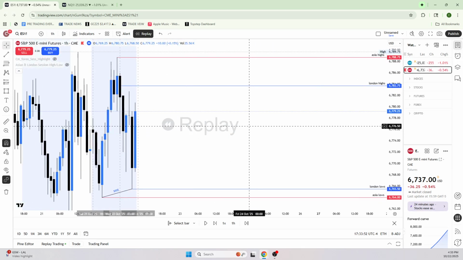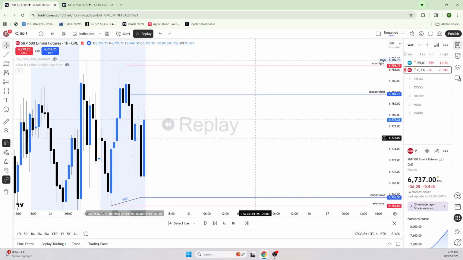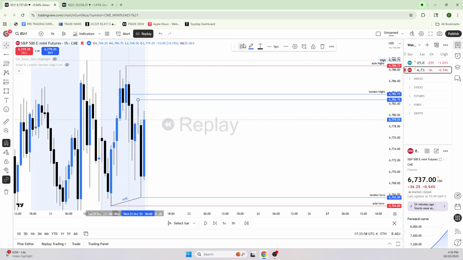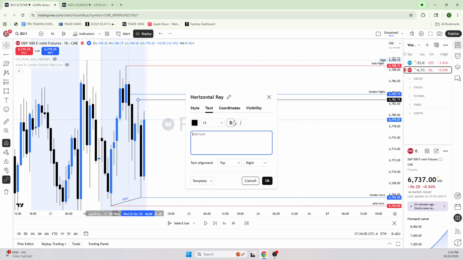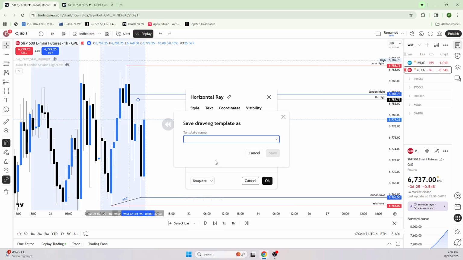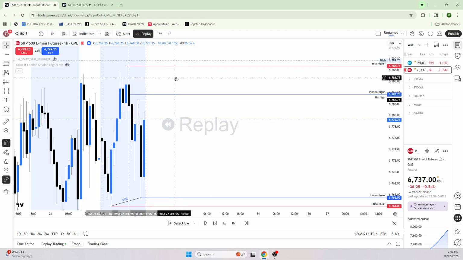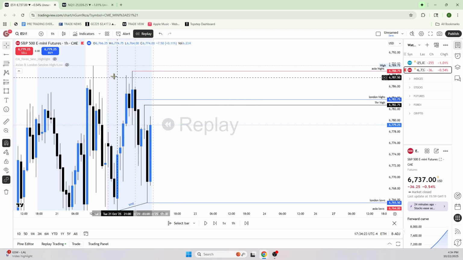Trying to mark stuff out better. Oh, did he make a 1 hour high? 1 hour high. Template, save as 1 hour high. Save. That side's got swept.